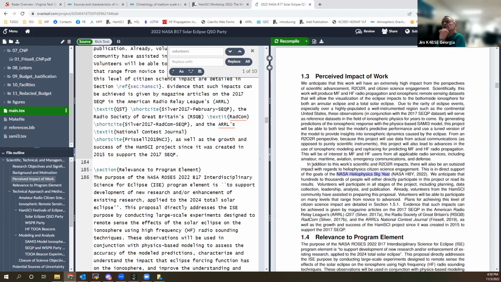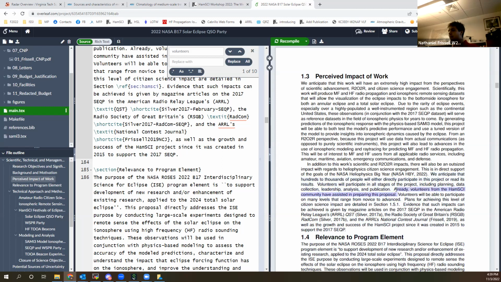Doesn't hurt to have it, but I don't know that we need to have it twice. So maybe it's better in the perceived impact section. I'm calling out Heliophysics Big Year, and the sentence I had right before: We anticipate that hundreds of thousands of people will either directly participate in this project or read its results. Volunteers will participate in all stages of this project, including planning, data collection, leadership, analysis, and publication. Already, volunteers from the ham radio community have assisted in preparing this proposal.